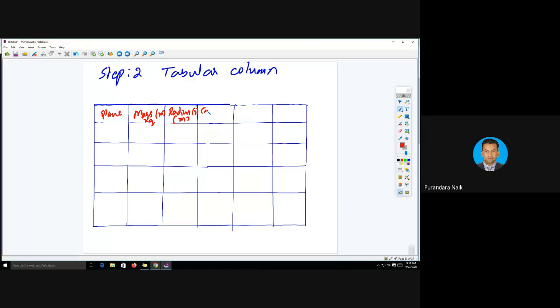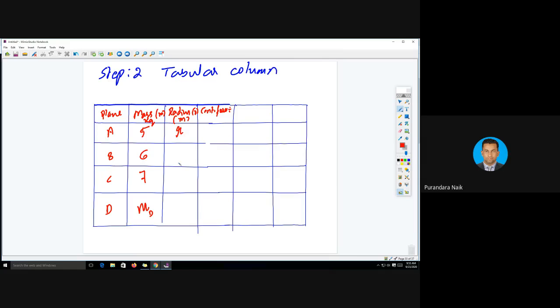Radius. Centrifugal force divided by omega square. Look at this: planes A, B, C, D. The masses are 5 kg, 6 kg, here it is 7 kg and here it is M, or MD.